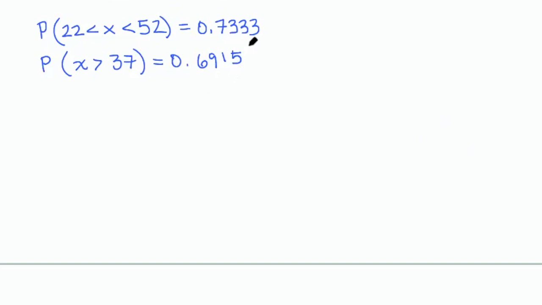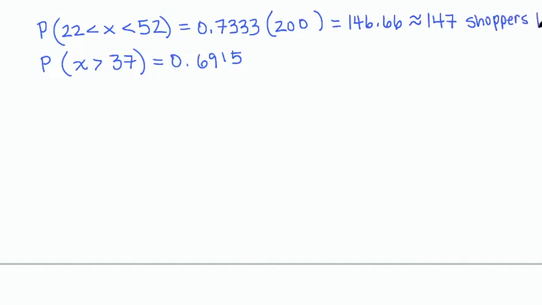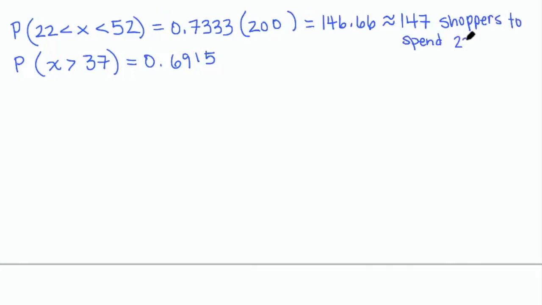So if you have 200 shoppers enter the store, all you need to do is take the probability that someone is going to stay for that interval of time and multiply it by 200. For the first one, you get something in the neighborhood of 146.66. But keep in mind, these are shoppers, so we want to round that to the nearest whole person. So we could expect about 147 shoppers to spend 22 to 52 minutes.